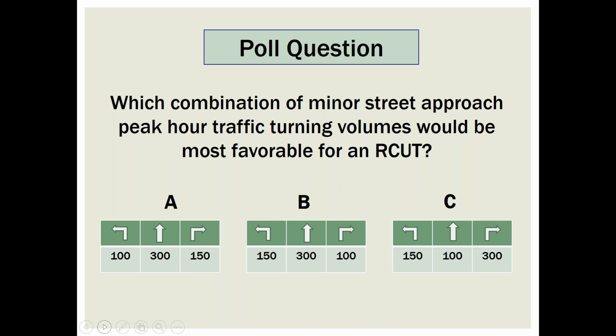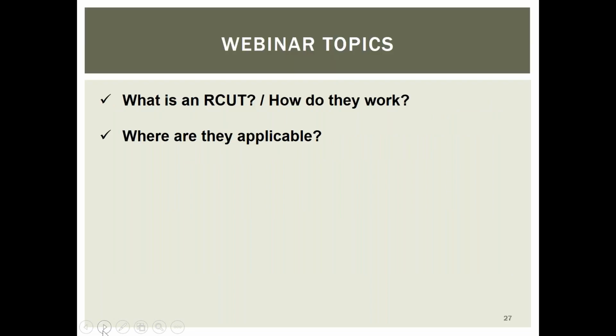So if there's little demand for people to go from one side of the minor street to the other, let's say most of the traffic coming from the minor street is wanting to go a certain direction, hopefully the direction that the right turn takes them in, that is going to be advantageous. So the less traffic that has to make the U-turn, the better, typically. So good, glad most folks picked up on that. So thanks, Paula. We'll keep on going then, and get into our next topic.